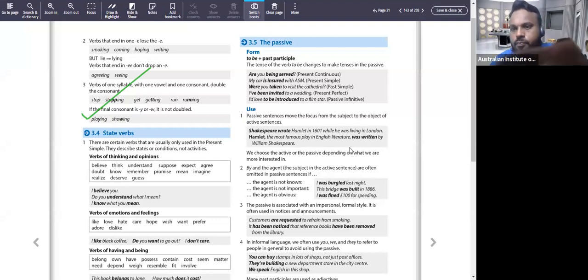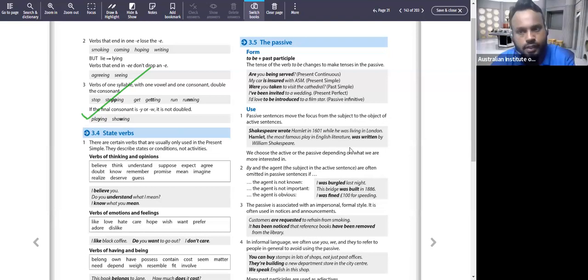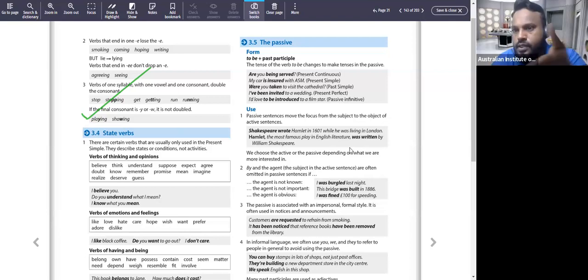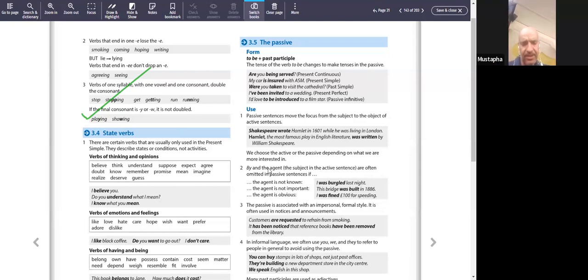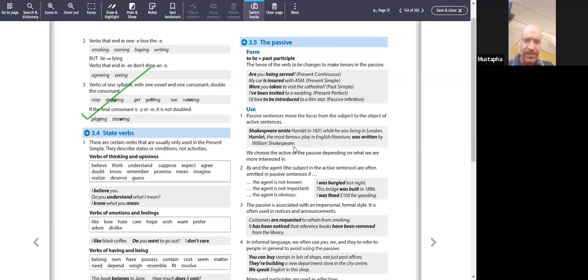Because it was present simple, we use the be verb am, is, are. Apple is third person singular, so we use is, and the subject becomes the object. That's simple. Beautiful. Okay, great. Next one, but we'll get to know this one when you do practice in our actual lesson. This is just a glimpse.